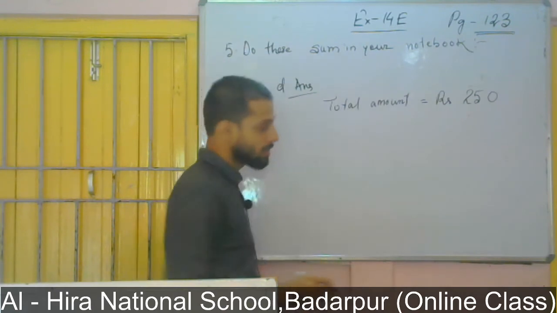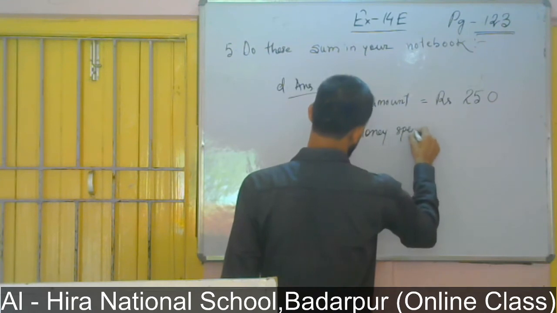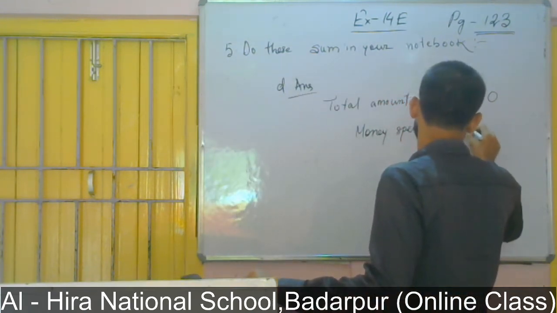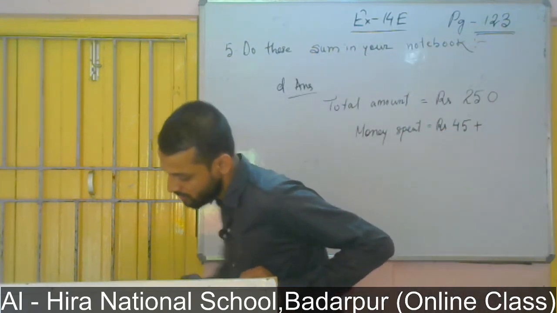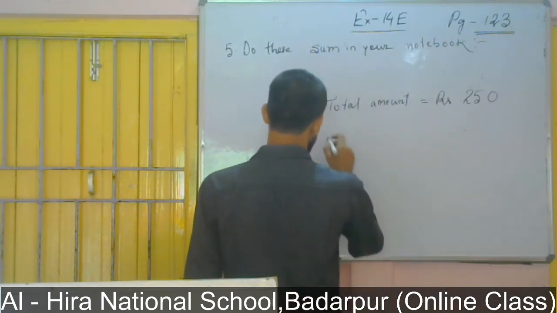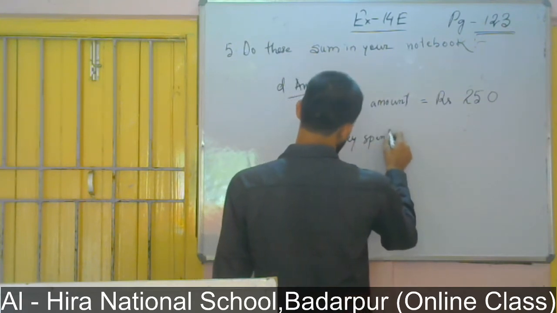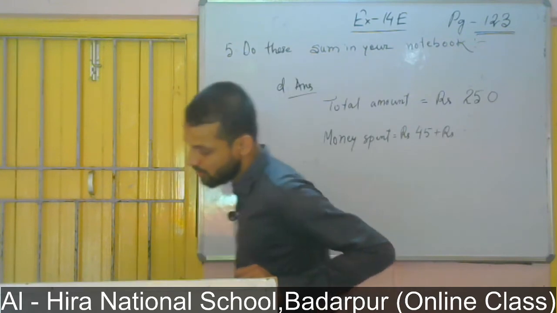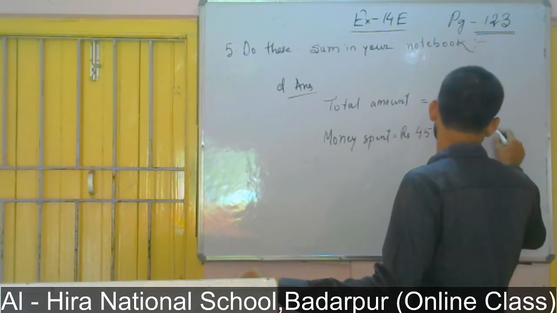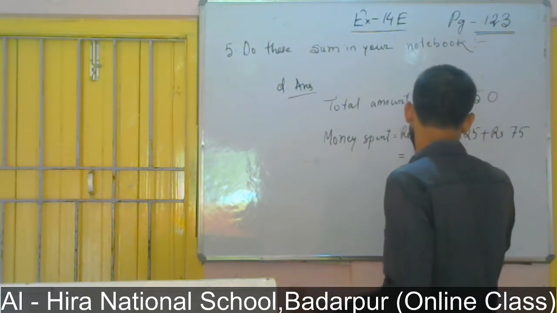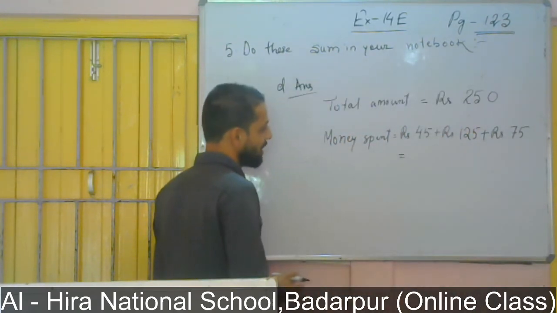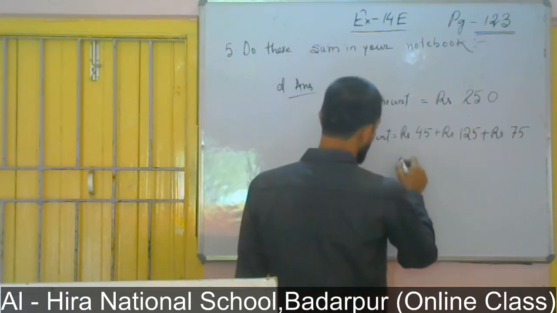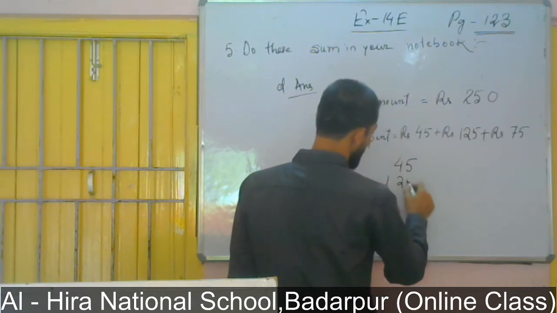Money spent equals rupees 45 plus rupees 125 plus rupees 75, which equals, if we add 45, 125 and 75, then we will get, we can write like this: 45, 125, 75.